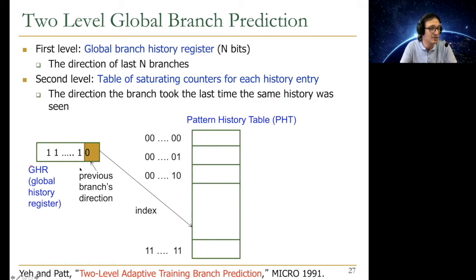So the last time we saw this 1, 1, 1, 1, 1, 1, 0 history, we have a 2-bit counter that records whether you should be strongly taken, weakly taken, weakly not taken, or strongly not taken, basically, similar to the 2-bit counter prediction that we discussed. And you basically update the prediction based on what happened to the branch that you fetched with this history, essentially. So you basically update the counters the same way we discussed for 2-bit counter prediction.